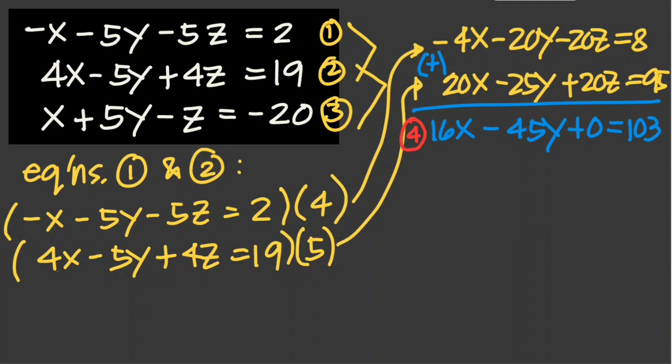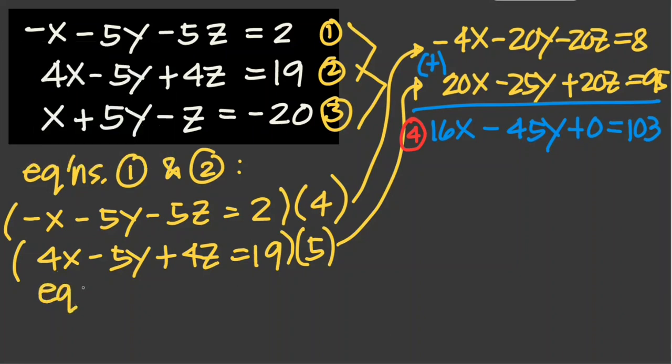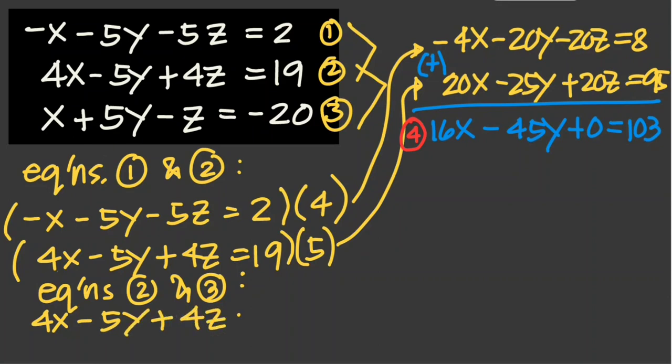Now let's pair equations 2 and 3. That is 4x minus 5y plus 4z equals 19, and x plus 5y minus z equals 20.